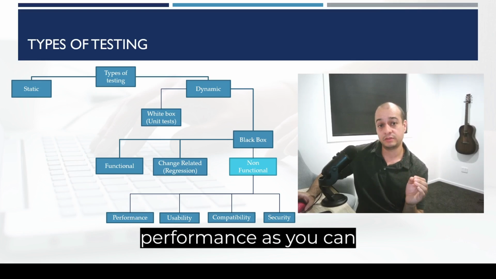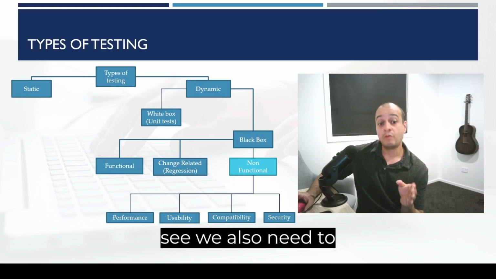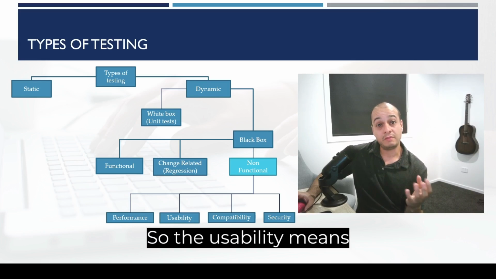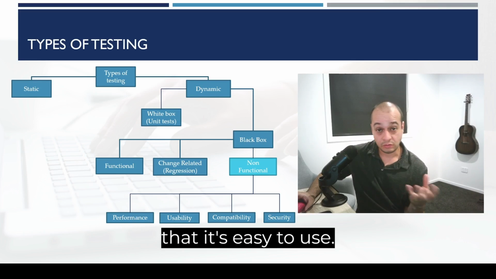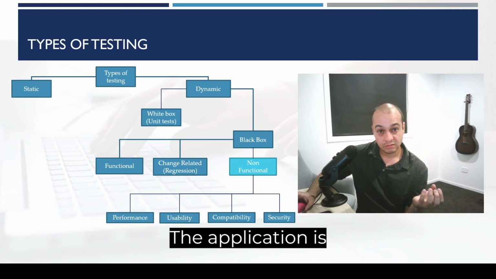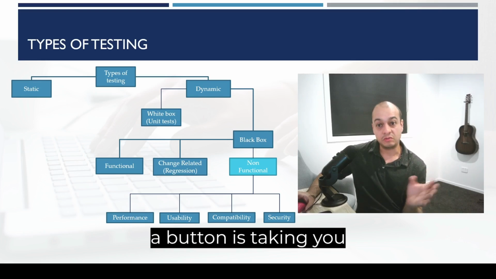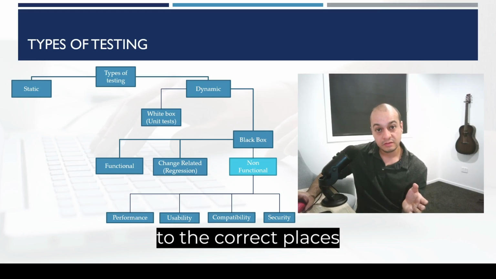But it's not only performance. As you can see, we also need to check the usability. Usability means that the application is easy to use and intuitive. When you click a button, is it taking you to the correct places?